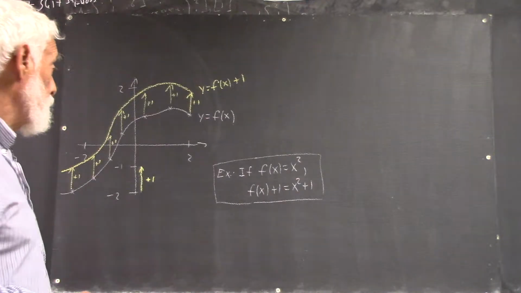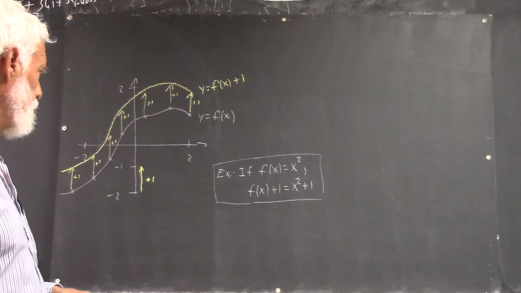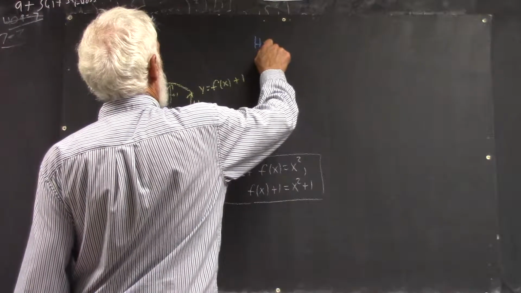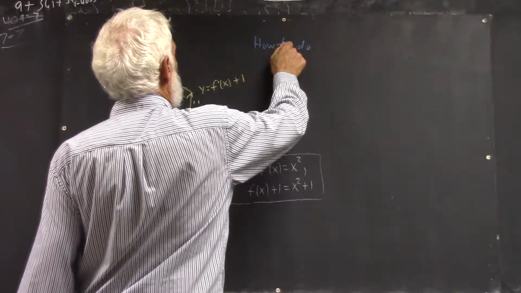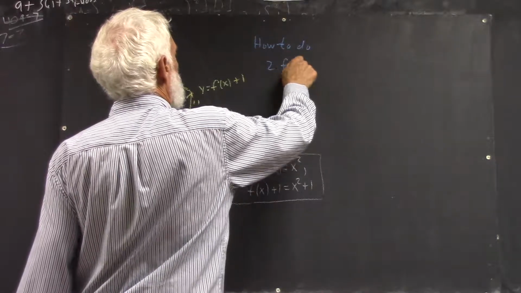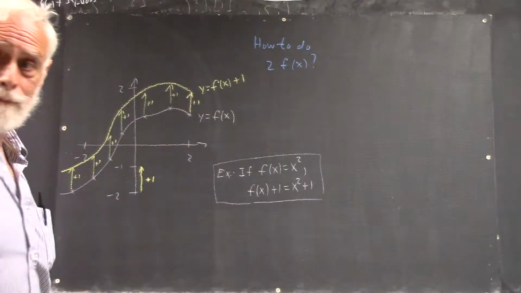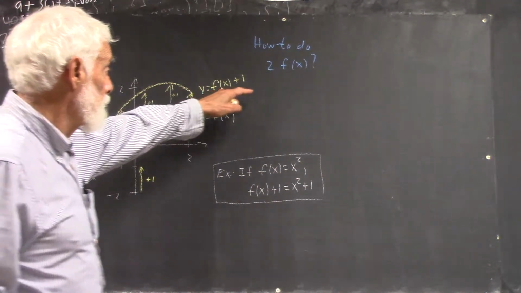Now, if we want to do 2f of x. Okay? Because this is the x plus 1 function, 2f of x.